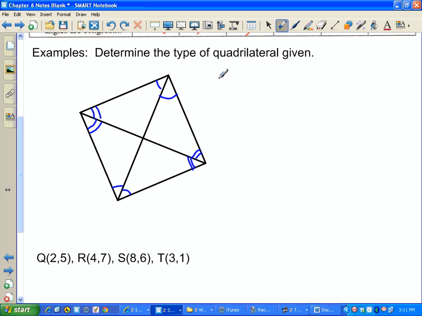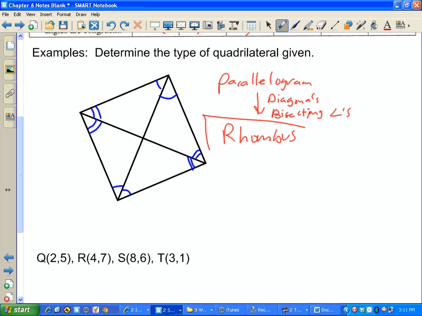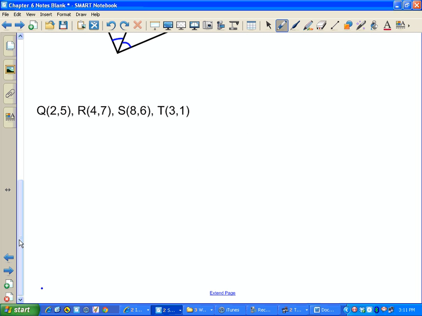Since opposite angles are congruent, that gives me parallelogram. Then I know that your diagonals are bisecting angles, so that gives me rhombus. That's as far as I can go. So this is a rhombus.